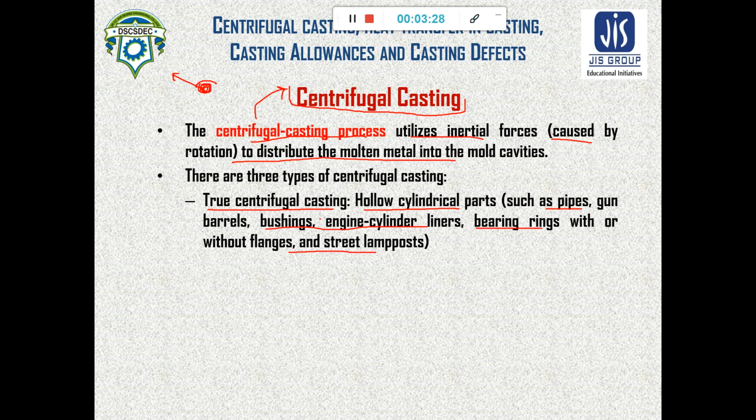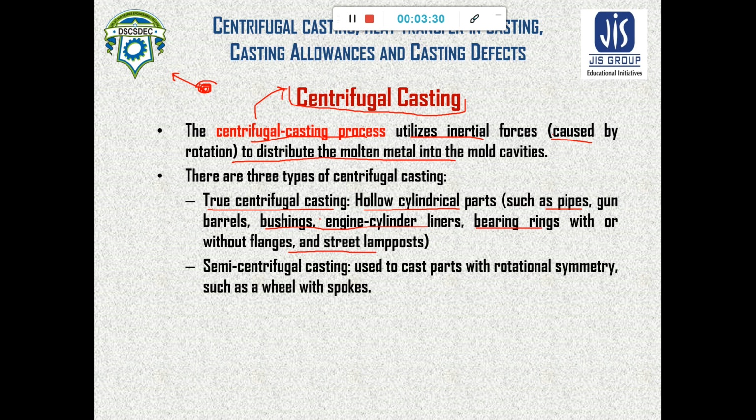Similarly, semi-centrifugal casting, another type of centrifugal casting, is used to cast parts with rotational symmetry, such as a sprocket wheel.